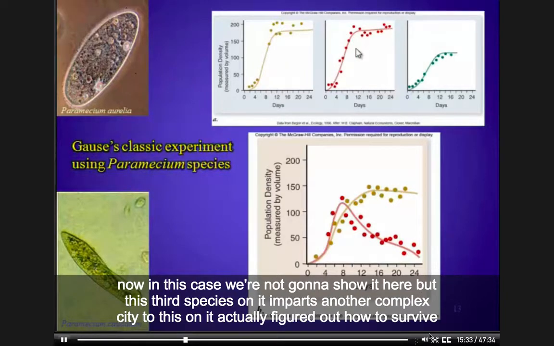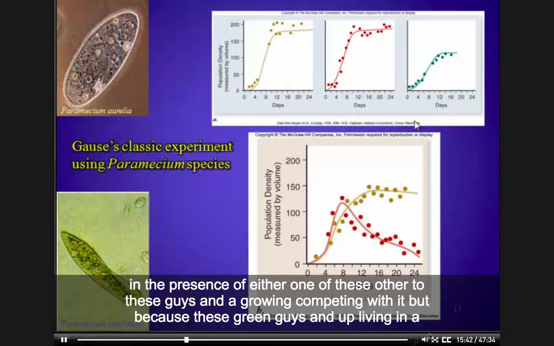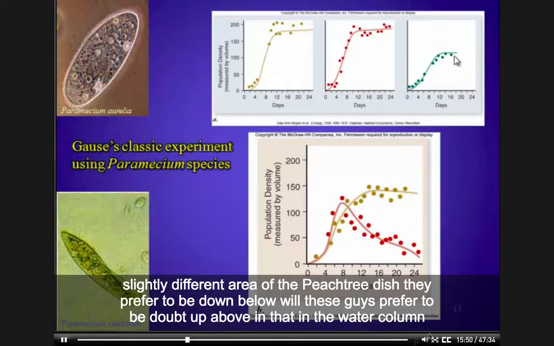Now, in this case, we're not going to show it here, but this third species imparts another complexity to this. It actually figures out how to survive in the presence of either one of these other two. These guys end up growing, competing with it, but because these green guys end up living in a slightly different area of the petri dish, they prefer to be down below, while these guys prefer to be up above in the water column.